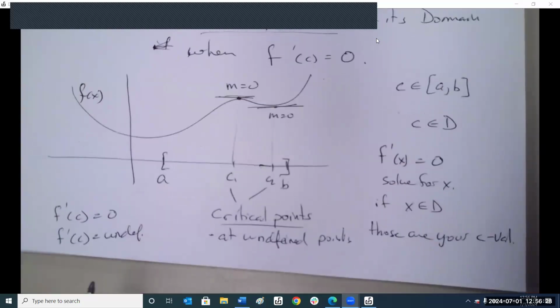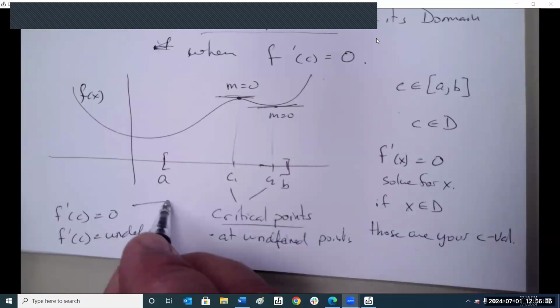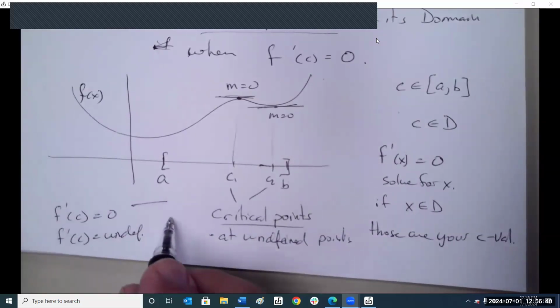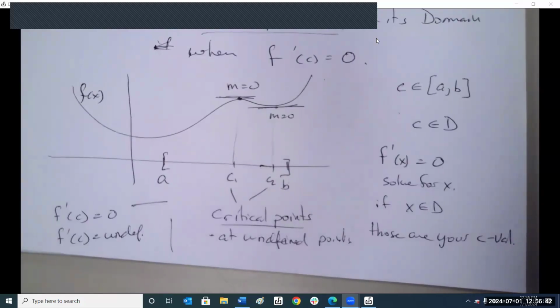What is undefined going to look like? Straight up and down. This one is a horizontal line, and this tells us where it's 0. But if it's a vertical line, it's no good, which is kind of contradictory, because if the slope is undefined, it's not a function.